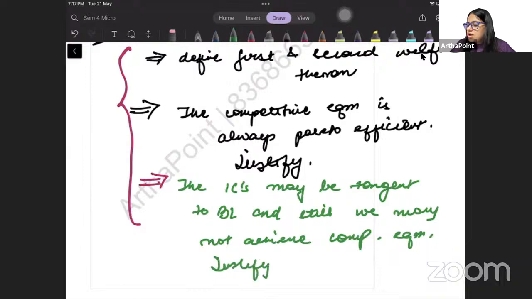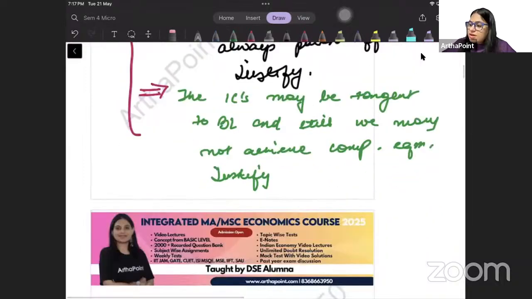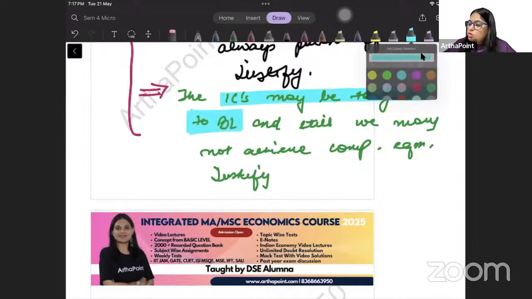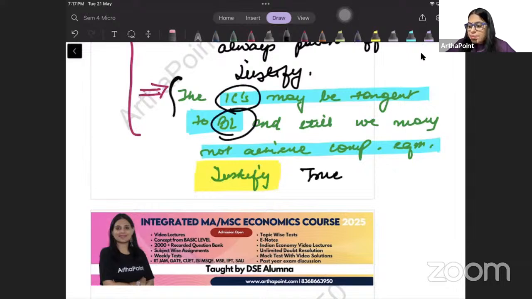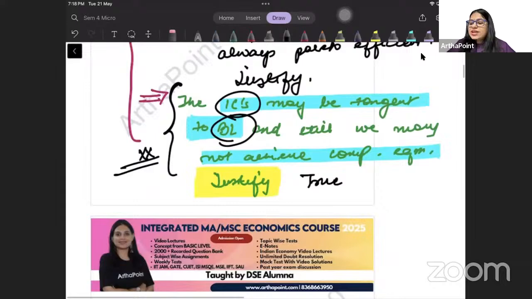Justify. राइट। तो ये स्टेटमेंट क्या कह रहे हैं बेटा कि even when the indifference curve will be tangent to the same budget line, then also you may not achieve competitive equilibrium and you have to justify the statement. Is it true or is it false? ICs are tangent to the budget line, but still competitive equilibrium achieve नहीं हो रहा है. Is this a true statement or a false statement? Justify. So theoretical questions like this can be asked.